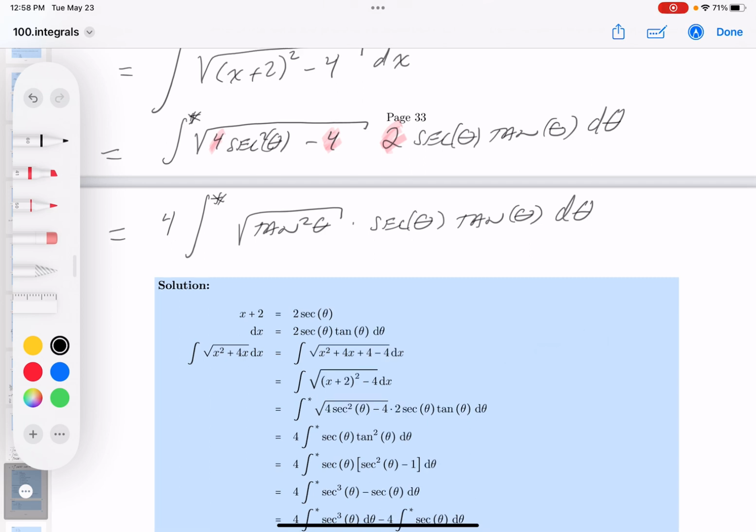So let's put this over here, and you get 4. Again, I'm calling this now. Whoops, sorry about that. Just a tangent. So what do you get? I get tangent squared secant. I write that down.